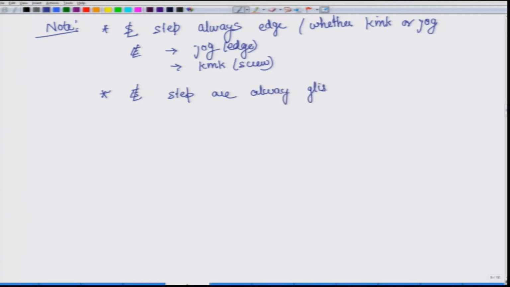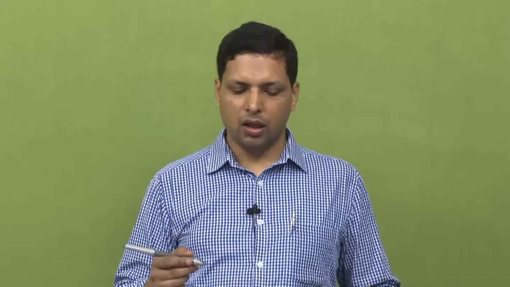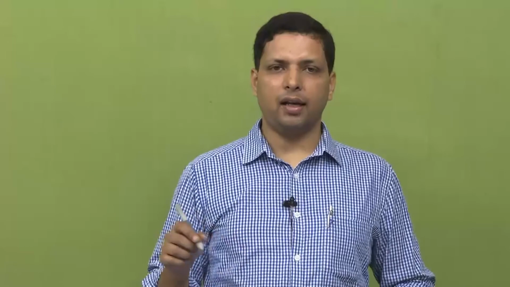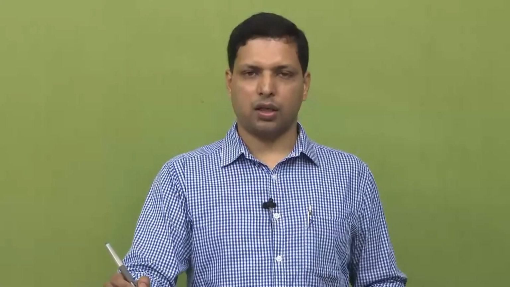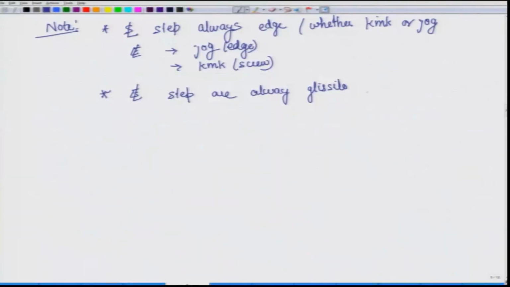There may be some particular cases when there is a jog in the edge dislocation, it may not be in a desirable slip plane and you may need additional effort to move it, but it will not be sessile like the jog in a screw dislocation. For now we will say that edge dislocation steps are always glissile, whether we are talking about a jog which is edge or a kink which is screw.